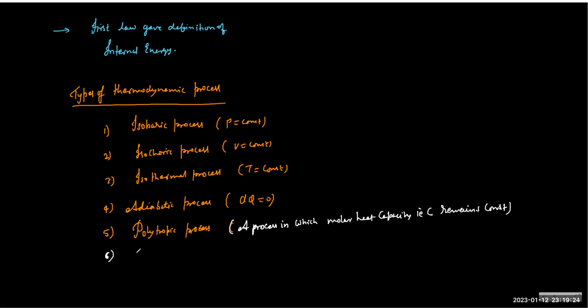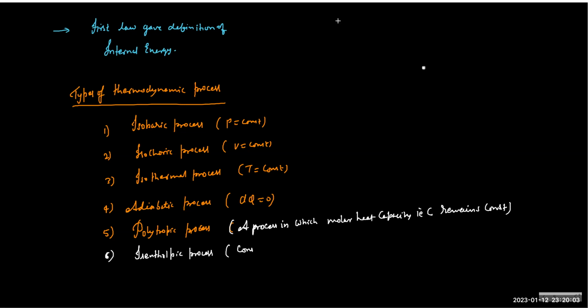Next we can say isenthalpic process. The name says it is the process in which the enthalpy remains constant. Basically it is iso plus enthalpy. Because there are two vowels, the first vowel gets cancelled, so the name becomes isenthalpic. This is how you study organic chemistry nomenclature.